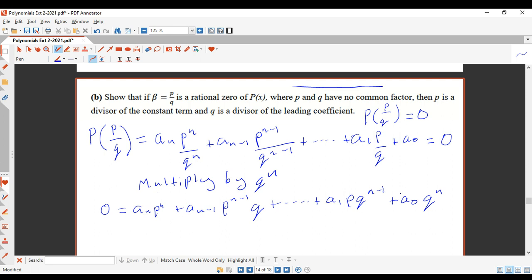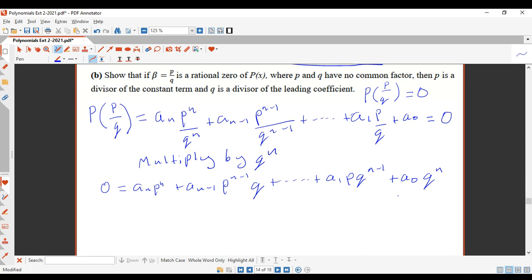Okay, so we've cleared the fraction, and what we're going to do next is look at the term with the constant term, don't we? So a_0 was the constant term. There we go. If we put that on the other side, we've got to prove that p is a divisor of the constant term.